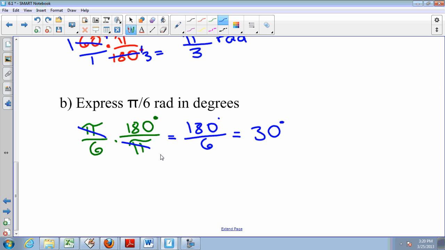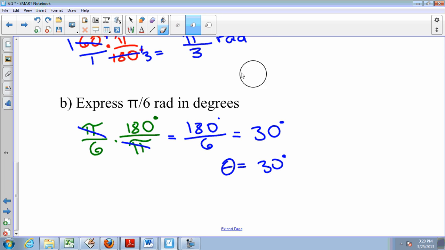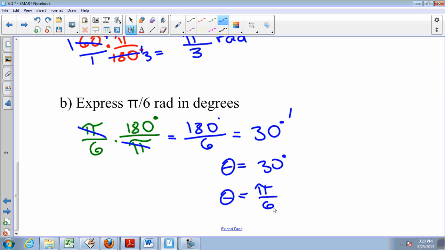So when we're solving, we say theta equals 30 degrees, or if it's not in degrees, theta equals pi over 6 rad.